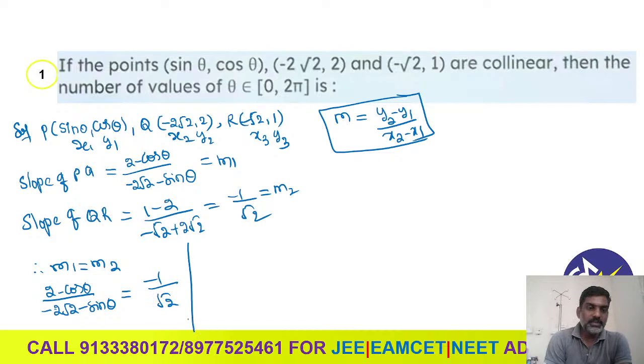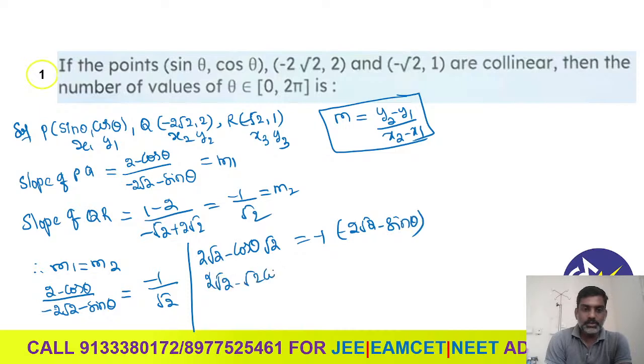If we simplify here, what do we get? 2 times root 2 minus cos theta times root 2 is equal to minus 1 into minus 2 root 2 minus sin theta. Then this is 2 times root 2 minus root 2 cos theta, which is equal to 2 times root 2 plus sin theta.